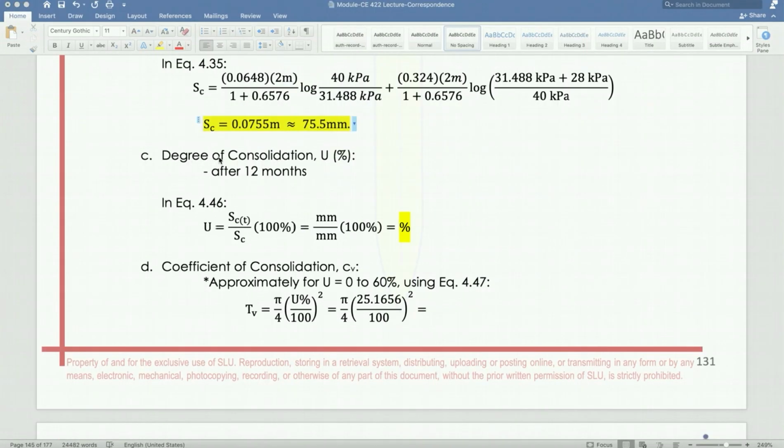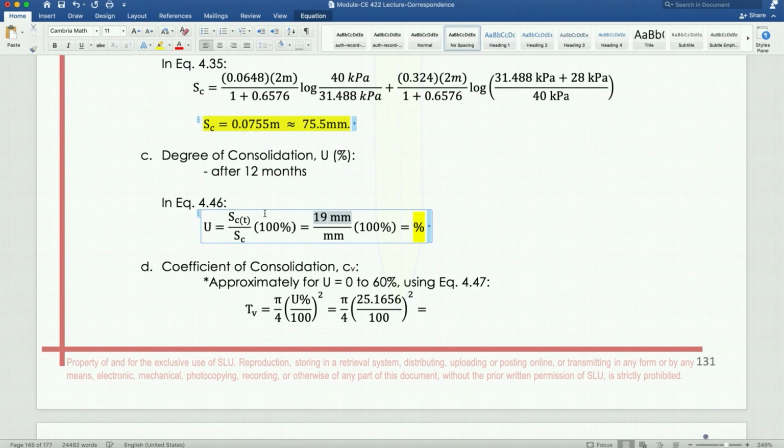Next, solving for the degree of consolidation after 12 months. So we use equation 4.46 where degree of consolidation U is equivalent to the settlement of the layer at time t divided by the ultimate settlement of the layer from primary consolidation, times 100%. Now, what is the settlement after 12 months? It is given as 19 mm.